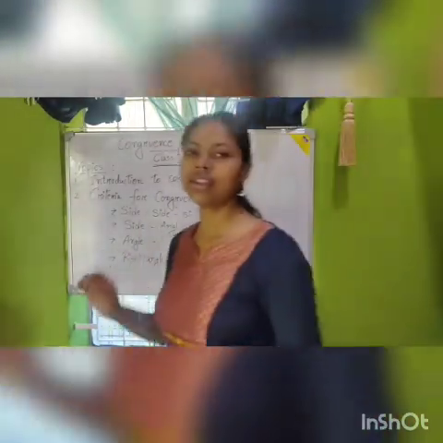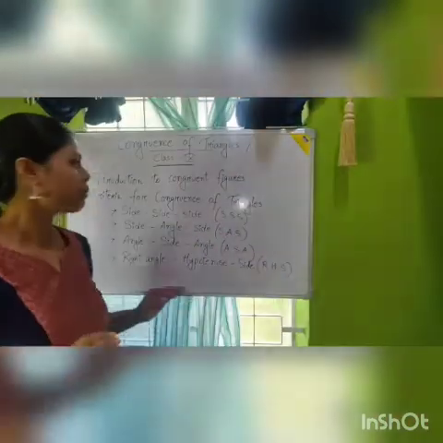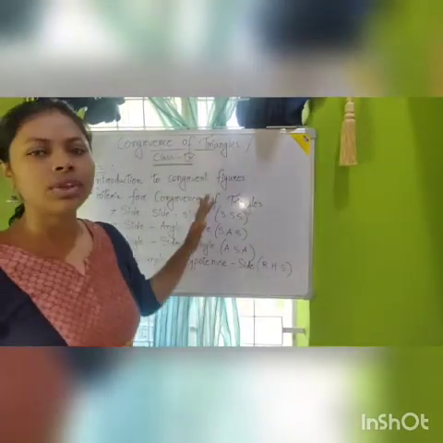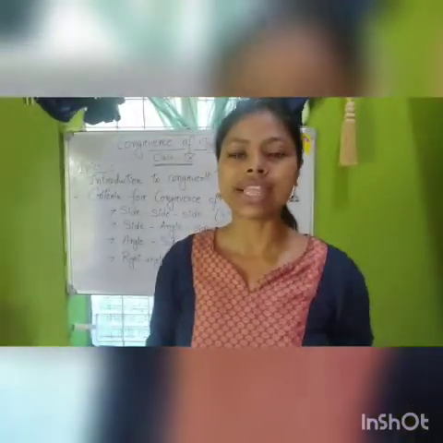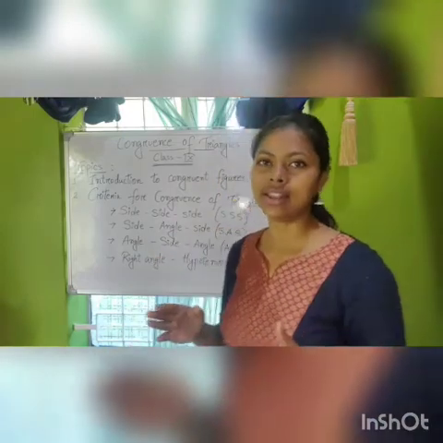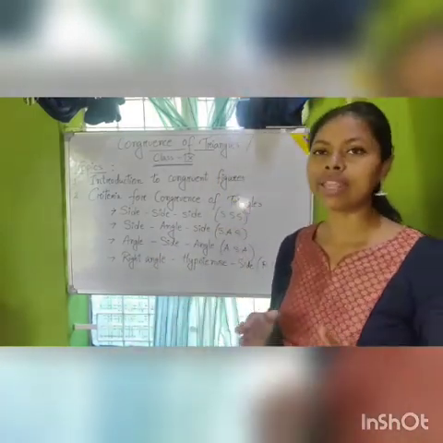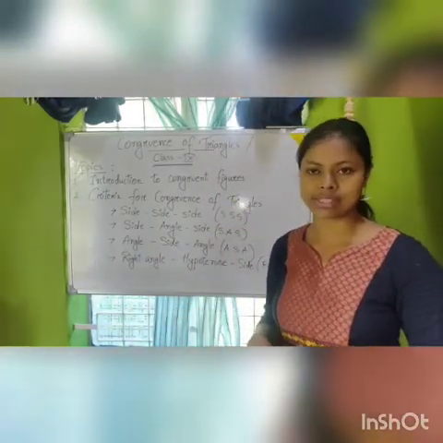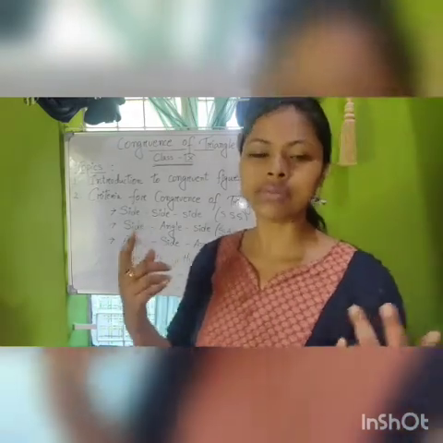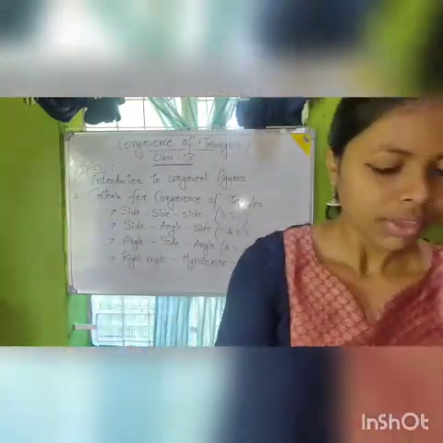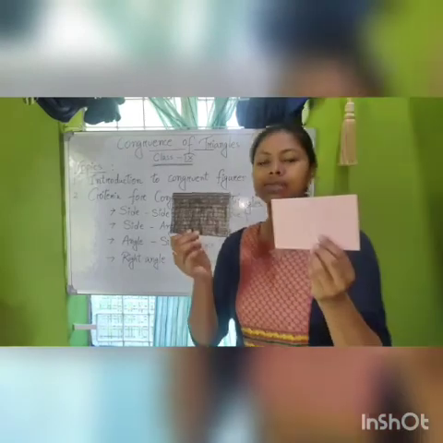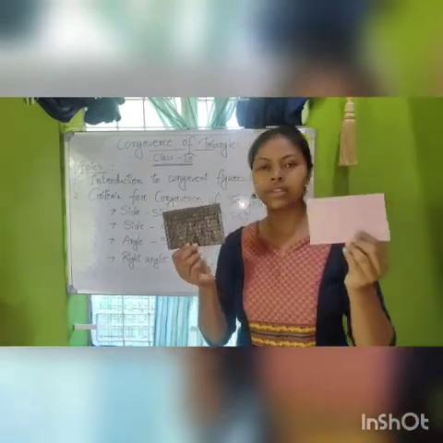First thing, what are congruent figures? Now you might have understood, as the word says, congruence means identical. Two figures are said to be congruent if they are identical in all aspects. As an example, I have two papers of two different colors.